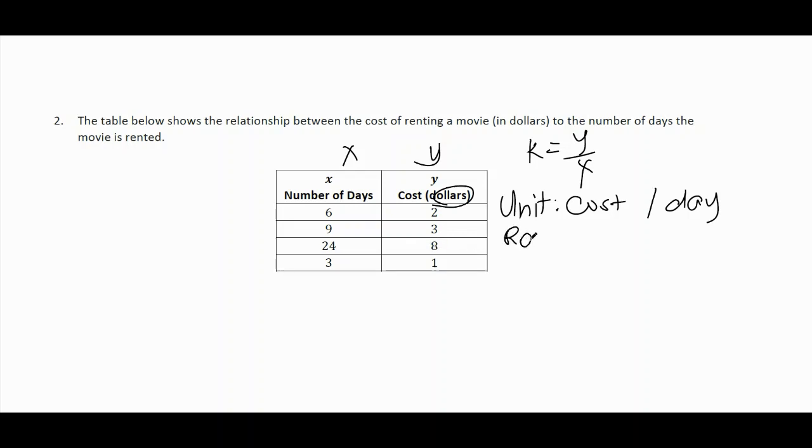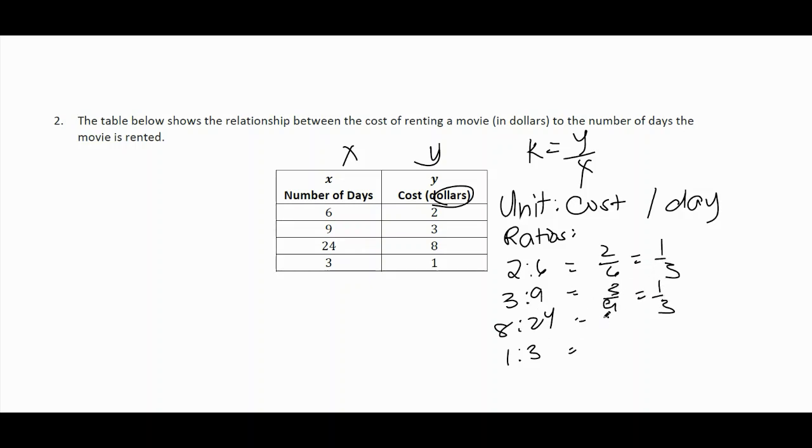So again, the ratios are 2 to 6, 3 to 9, 8 to 24, and 1 to 3. So 2 over 6 is going to be 1/3. 3 over 9 is going to be 1/3 as well. 8 over 24 is going to be 1/3, and 1 over 3 is definitely 1/3.